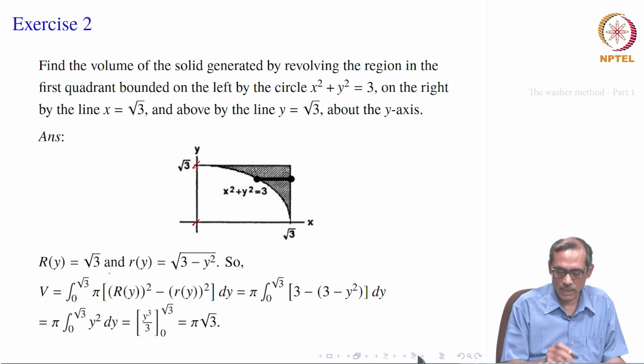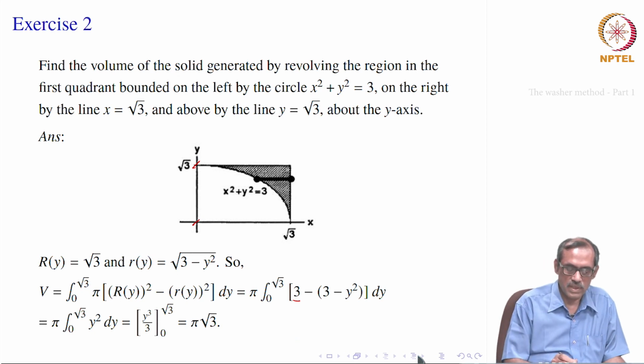So, now R(y) is root 3, so it is 3, minus r(y)² is 3 minus y², so it is 3 minus (3 minus y²). So, that gives pi times the integral from 0 to root 3 of y², which is y³ by 3 evaluated at 0 and root 3. So, that gives pi times root 3.